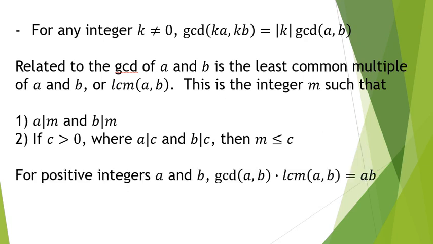But for positive integers a and b, the product of a and b is equal to the product of their GCD and their LCM. So if you are given two positive whole numbers, a and b, like you will be given in this course, and you find the GCD, you can then automatically do one small calculation to figure out what the least common multiple is going to be.